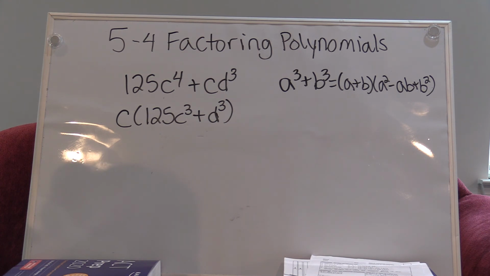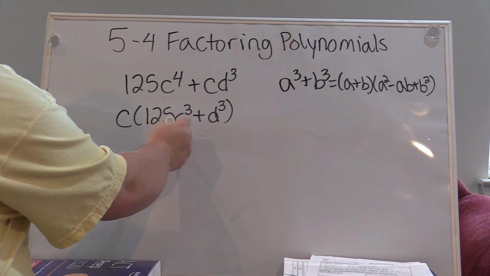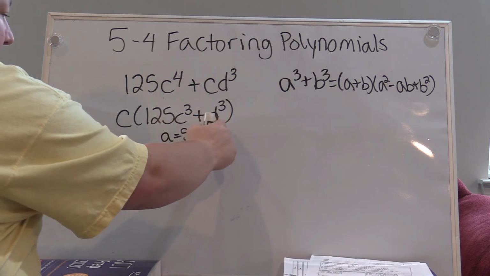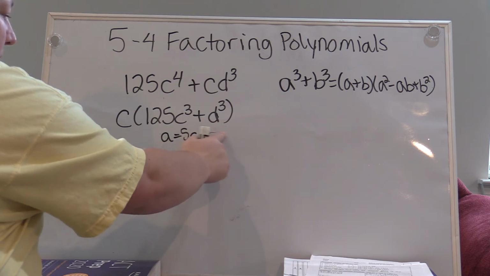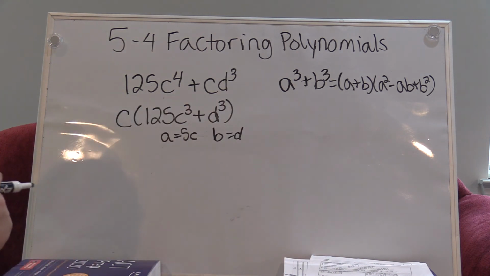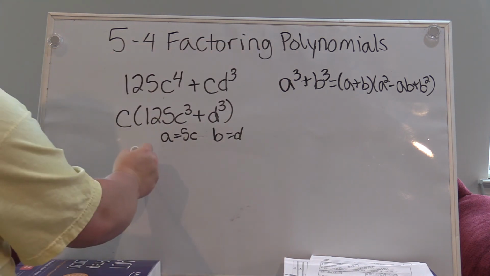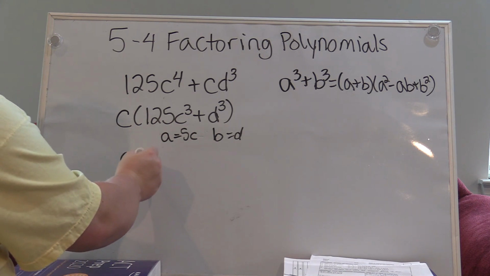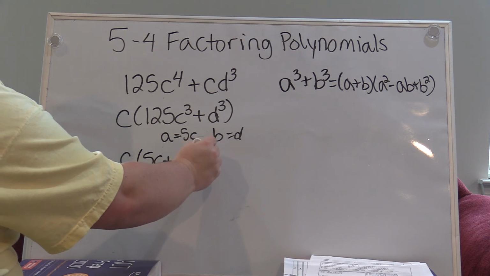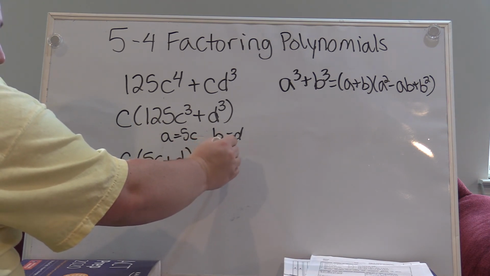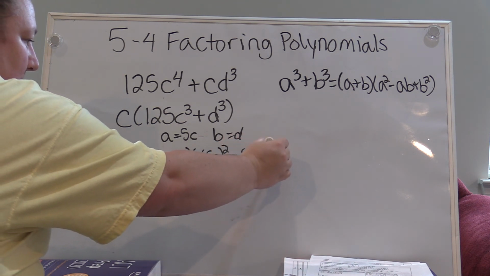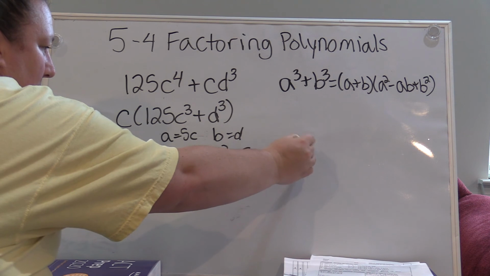So we have to break them up: a equals 5c and b equals d. And we're going to plug them right into the formula over here. So when I plug them in, I get 5c plus d, and then I get 5c squared minus 5c times d plus d squared.